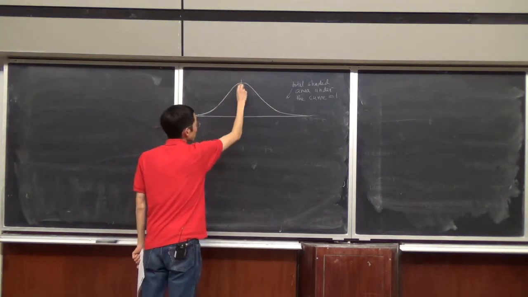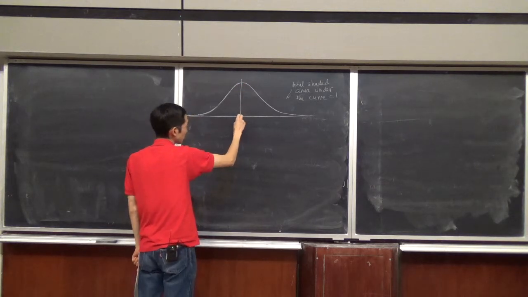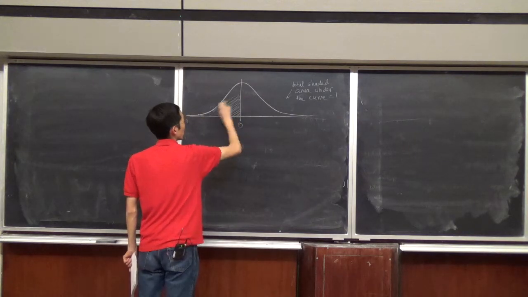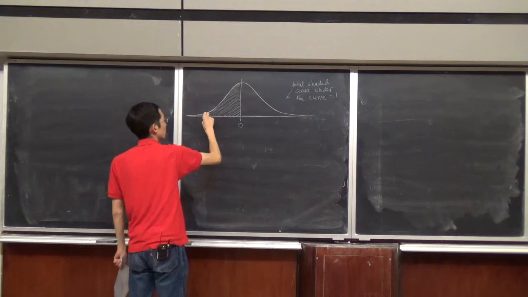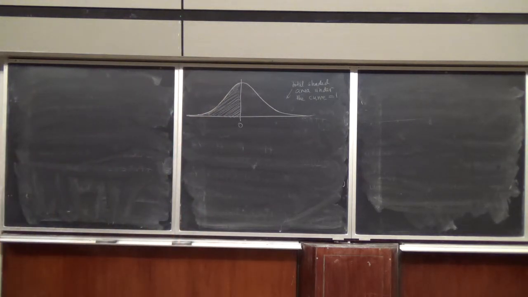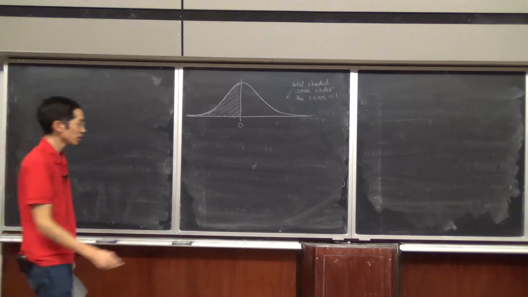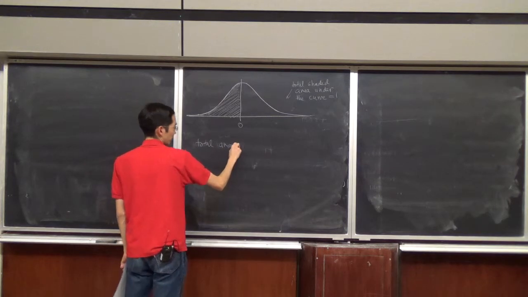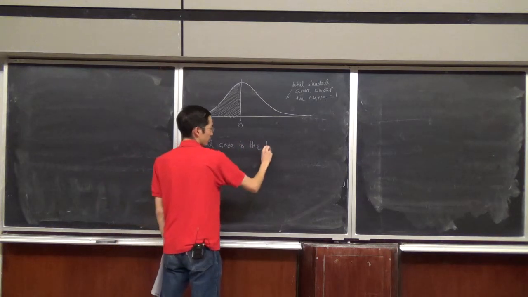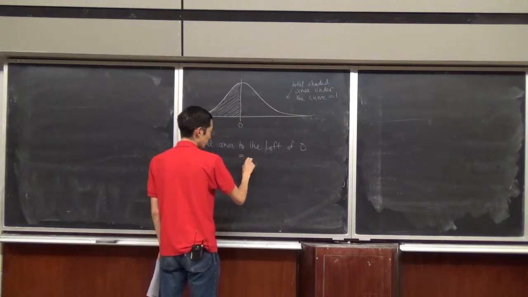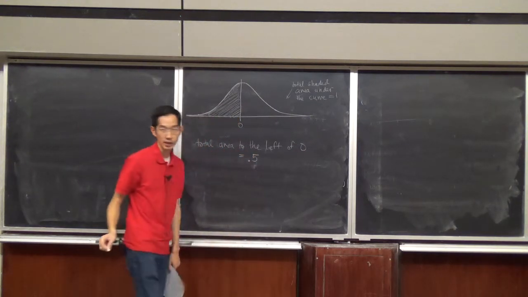If I draw a vertical line at 0, exactly the halfway point, and I shade everything to the left, how much have I shaded? What is the total area that I have shaded? Yeah, the total area to the left of 0 is equal to 1/2, or exactly 0.5.